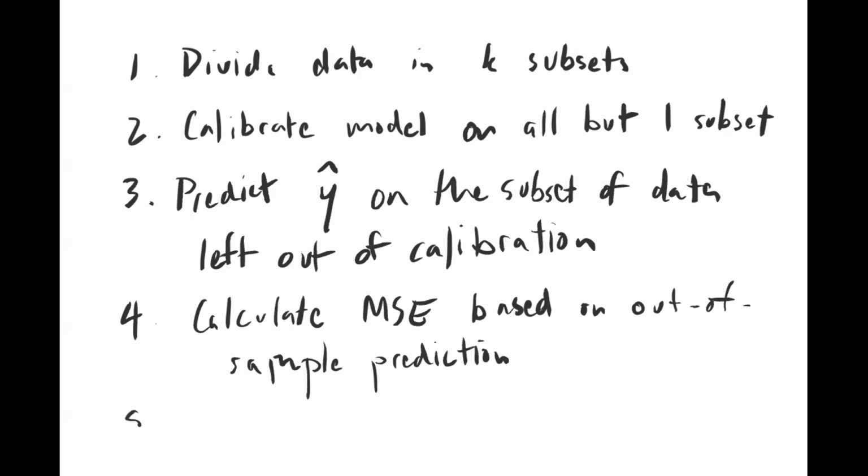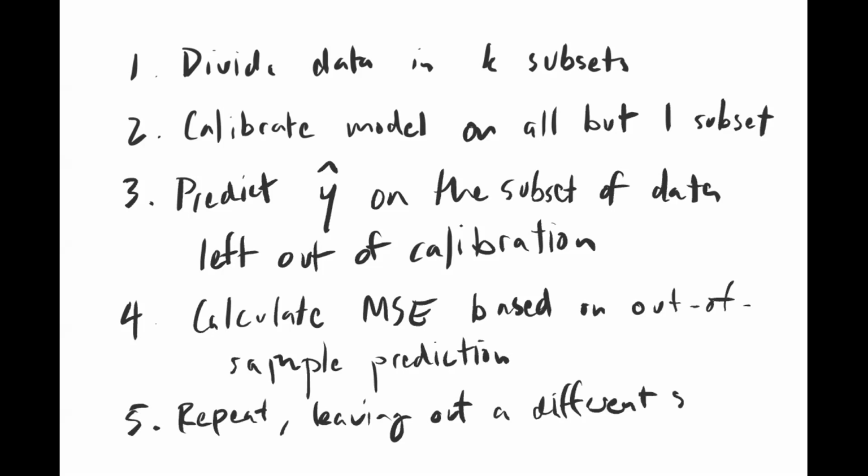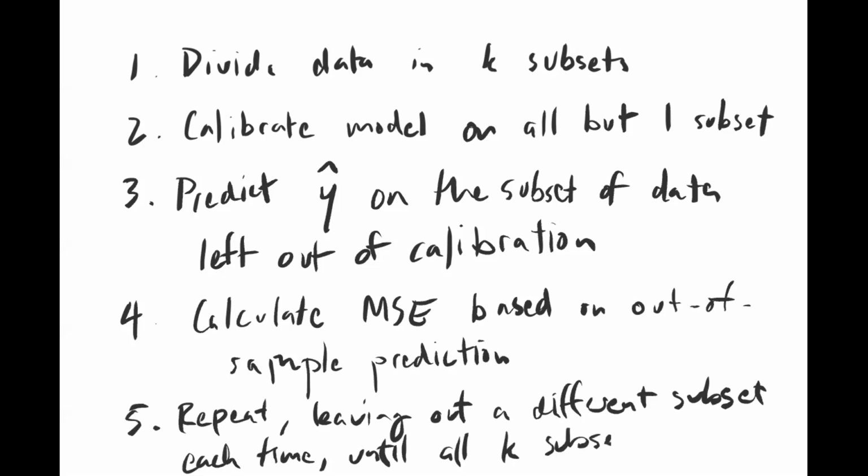And then repeat the process, leaving out a different subset, a different subset each time, until all k subsets are done. All right.